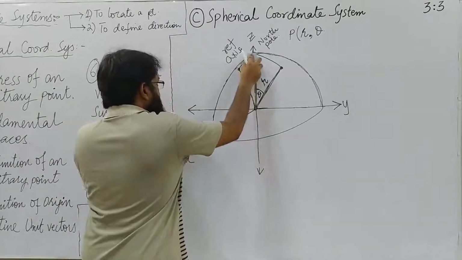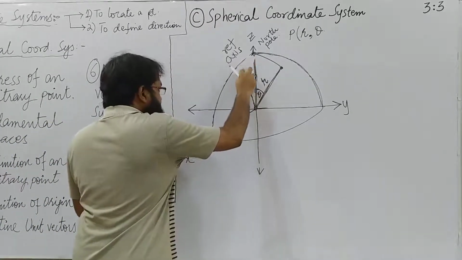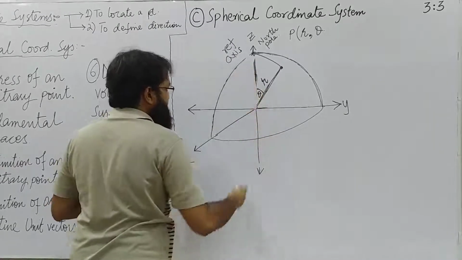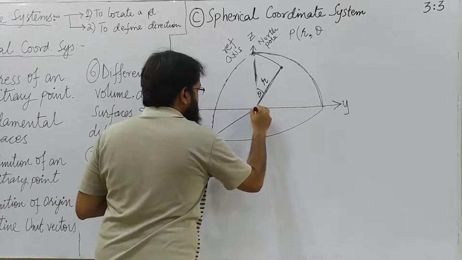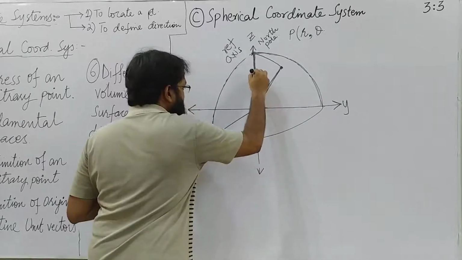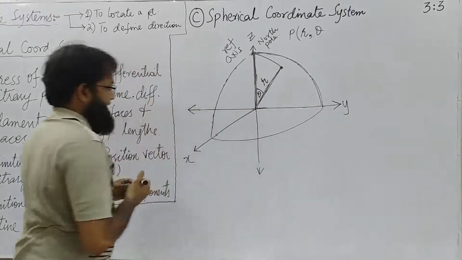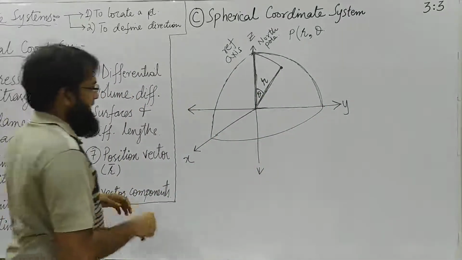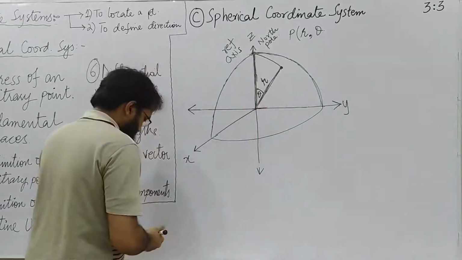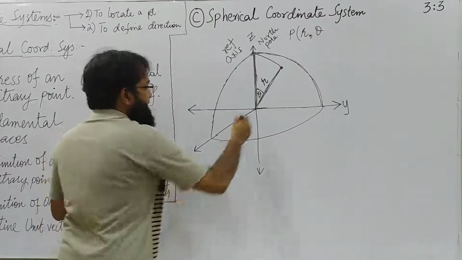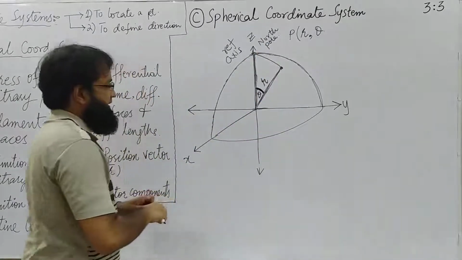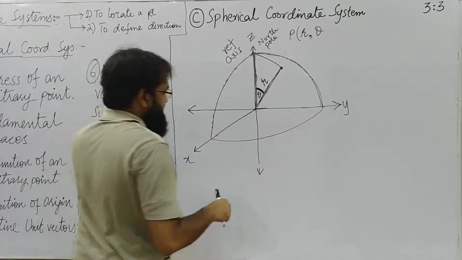So it means that there must be some third coordinate which defines our relative position relative to the xy axis. Okay, because relative to the z axis we have already reached. We already know that relative to the z axis we make angle theta, and relative to the xy axis we need something more.